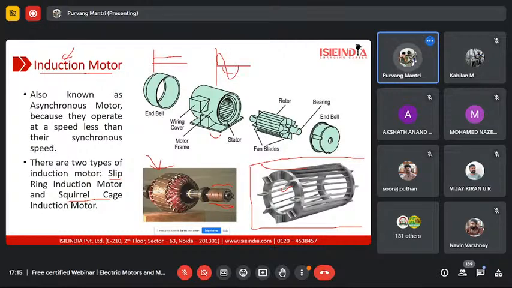In a DC motor, we need to switch the polarity in the windings so that it continues to rotate. But in AC motors such as this induction motor, we don't need to change the polarity because the current itself is changing its polarity, as it is an alternating current. That's why we use a continuous slip ring to provide the input to the rotor.